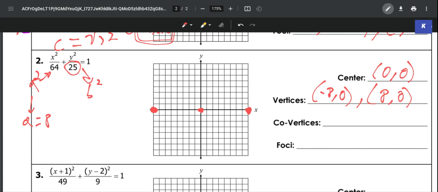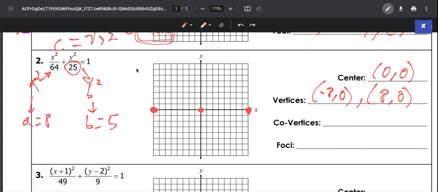So that's b squared. If 25 is b squared, that means the square root of 25 is going to be 5. So b is just 5. So I'm going to apply plus or minus 5 units from the center up or down, because those are under the y variable.